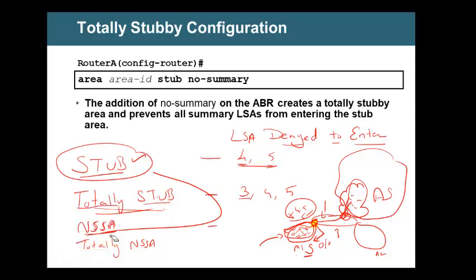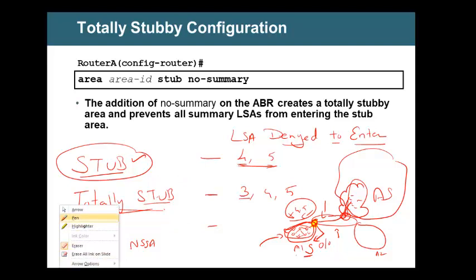What does that actually mean? You see, this not so stubby area will deny 4 and 5, like a stub area. That's why stub area is coming here. But not so.